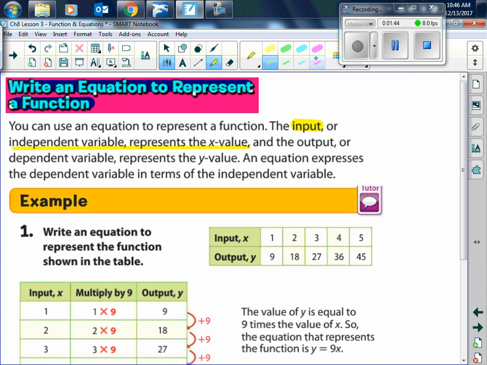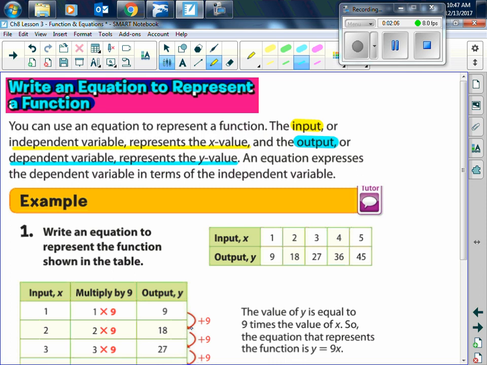The output, or the dependent variable, represents the y value. Okay? So that x and that y, they have three names. You can call it the x value, you can call it the input, or you can call it the independent variable.